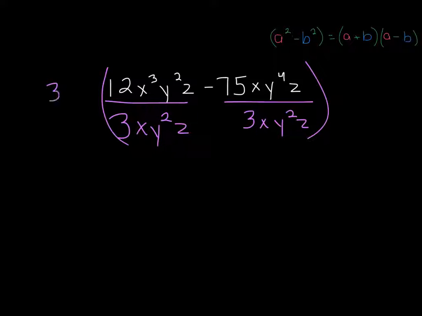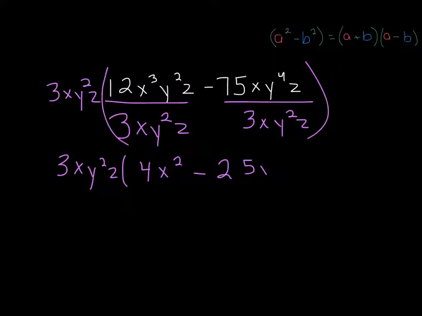And then let's put our common factor up front also. So that gives me 3x y squared z, and then 4x squared minus 25y squared.